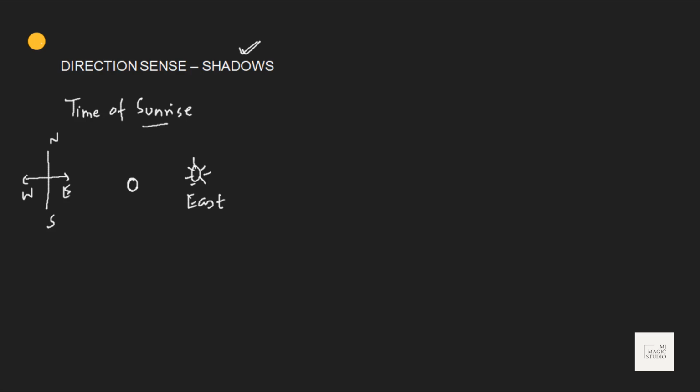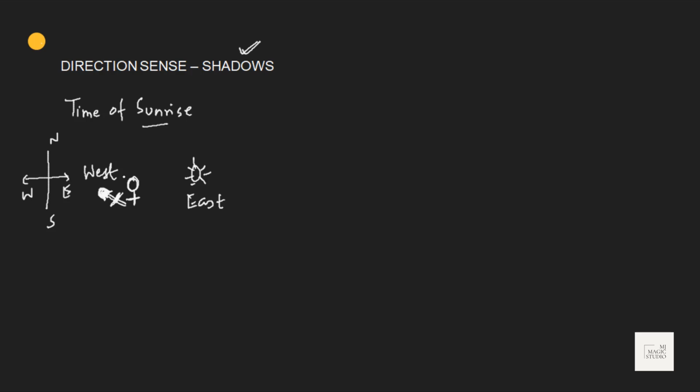And if a person is there like this, his shadow should be falling where? Towards the west. So in the morning, the sun rises in the east, and the shadow of any person or object will fall obviously in the west.